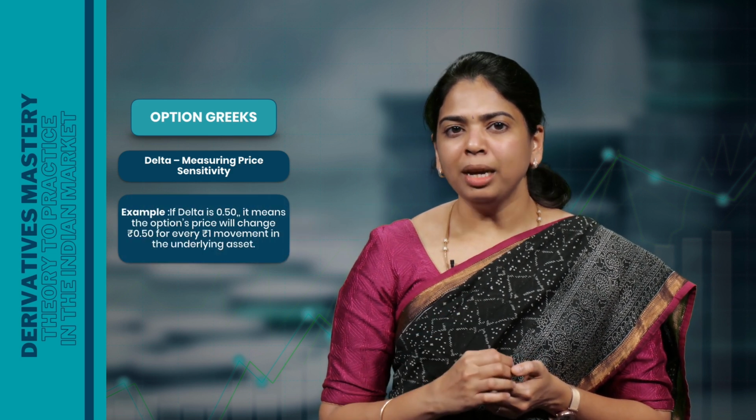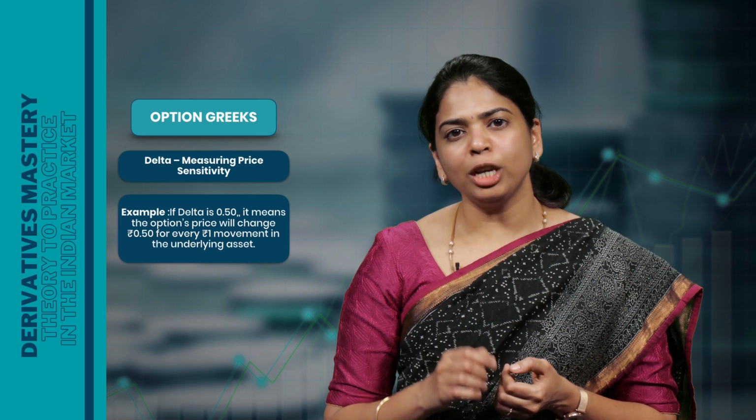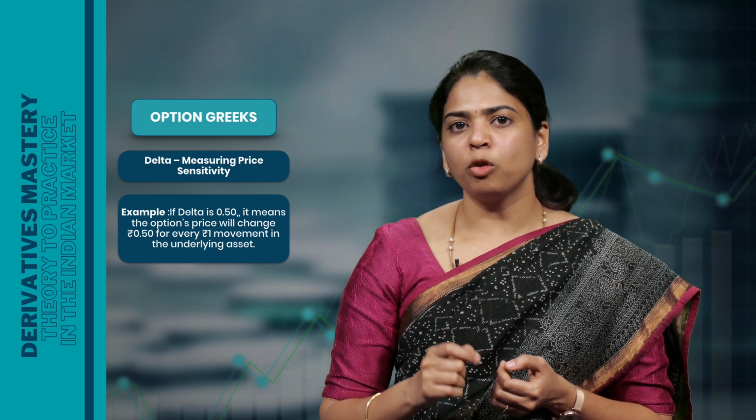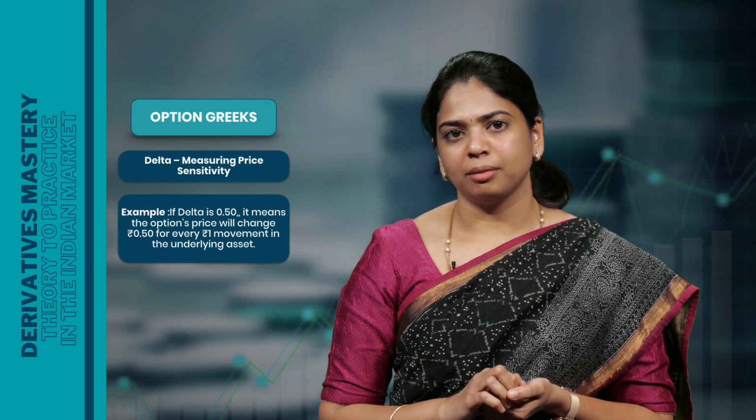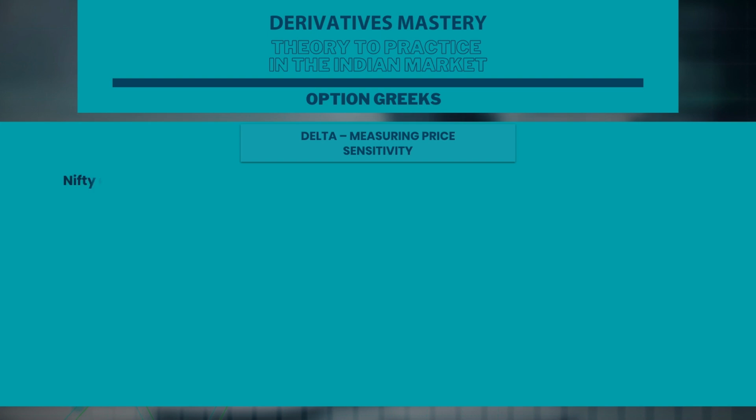Let's say if delta is 0.5, it means the option's price will change by 0.5 for every 1 rupee movement in the underlying asset. Let us say Nifty is currently trading at 24,667. A 24,600 call option is priced at rupees 150 and its delta is 0.55.